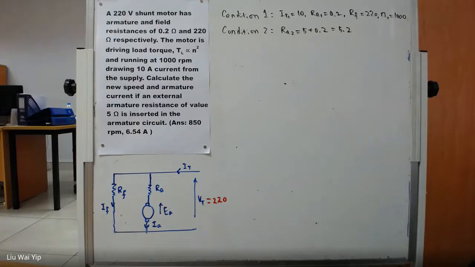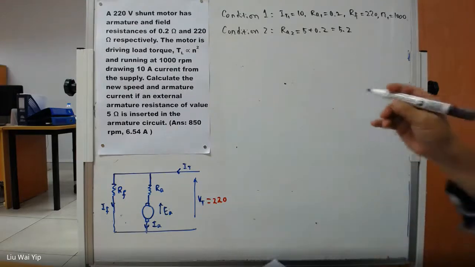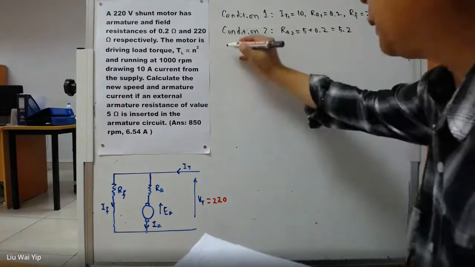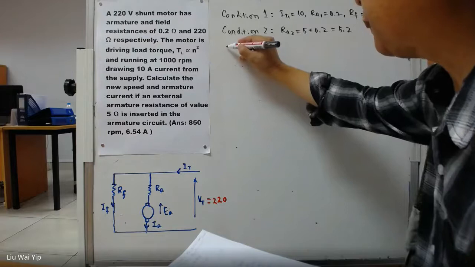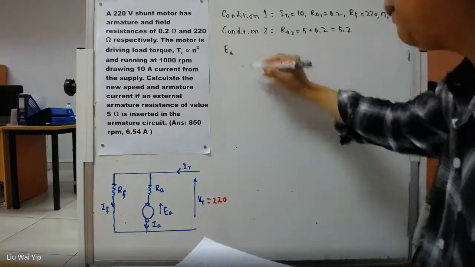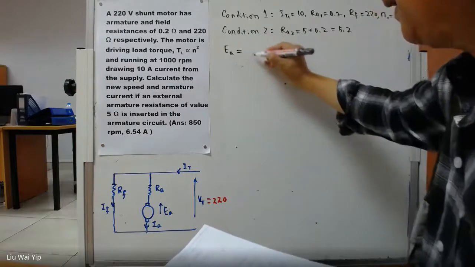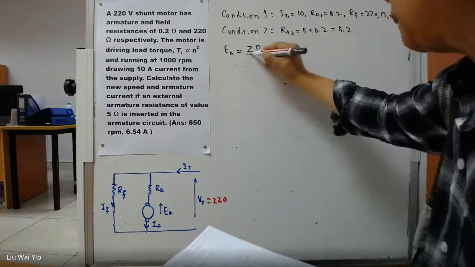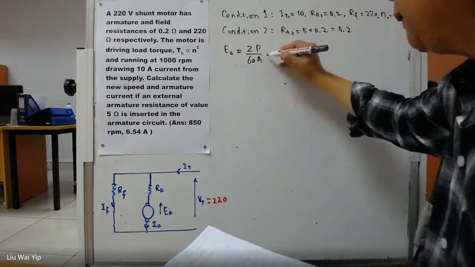Now, before going on further, it's better for us to revise the concept. The first concept that I would like to bring up is the armature voltage, the armature EMF. The armature EMF is given by this formula, ZPφN over 60A.